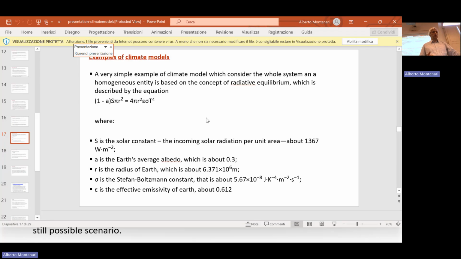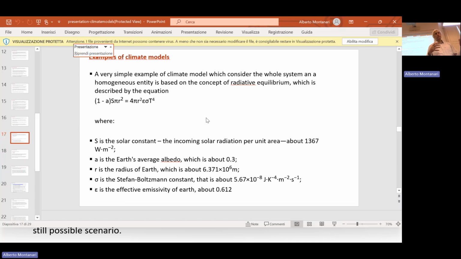The equation is this one. S is the solar constant at the left-hand side, the incoming solar radiation per unit area, and you see the value there. A is the Earth average albedo, which is about 0.3.